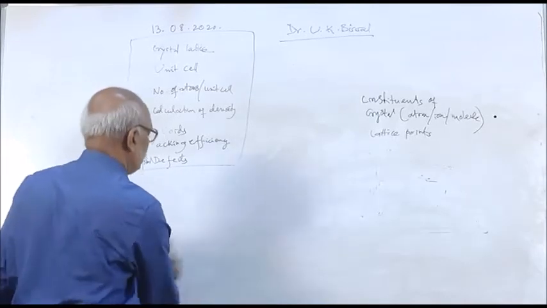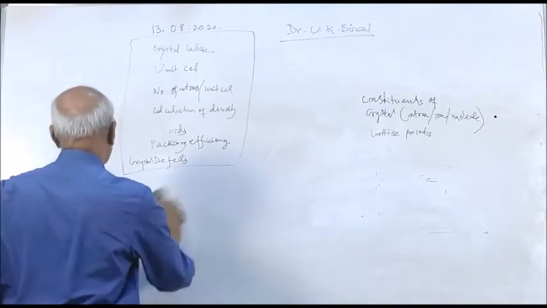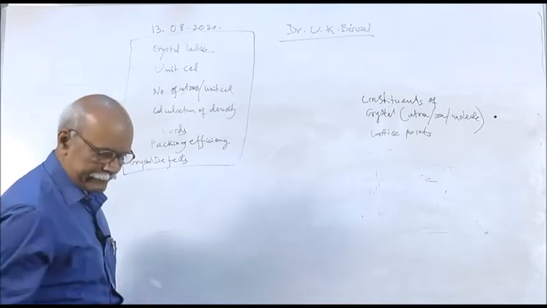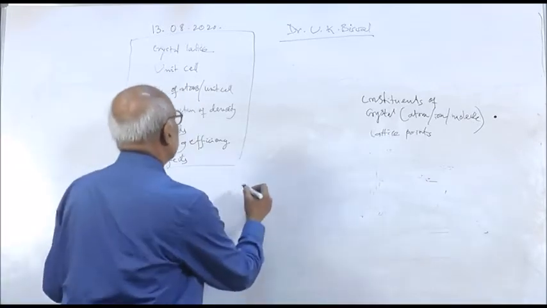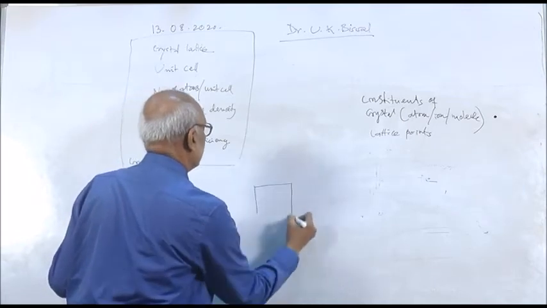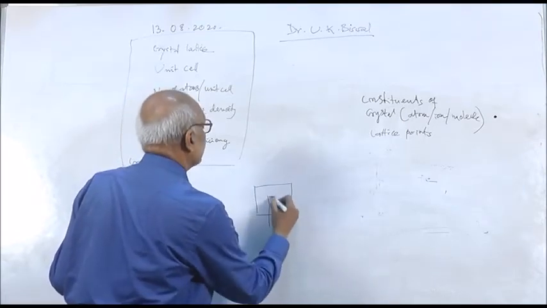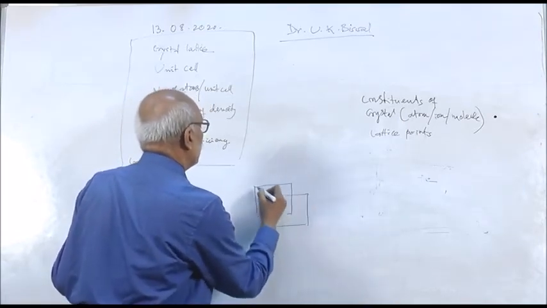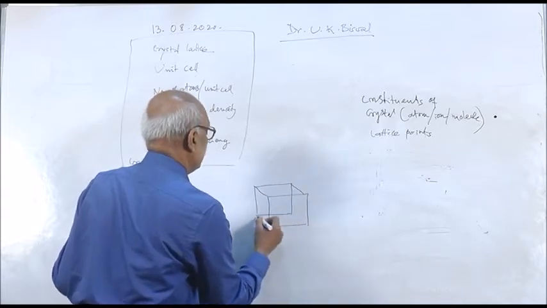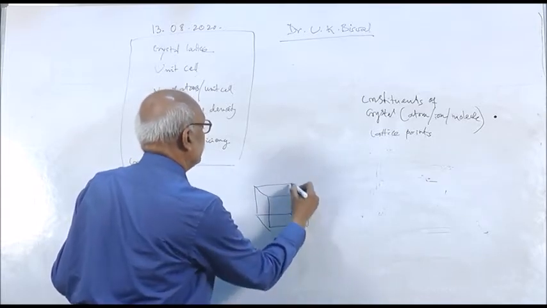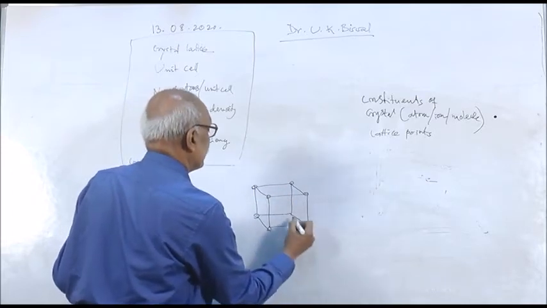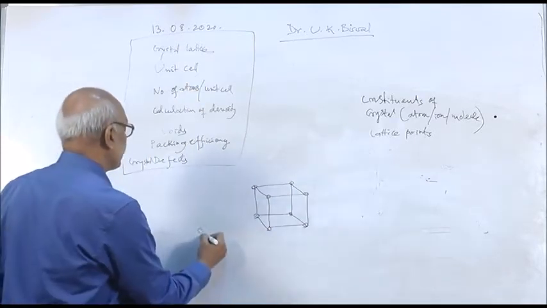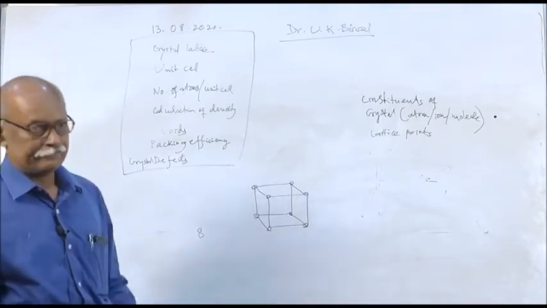Then you see how to calculate the number of atoms per unit cell. Suppose a unit cell is like this, and each corner point is occupied by the constituents. Then you cannot conclude that this unit cell consists of 8 points.